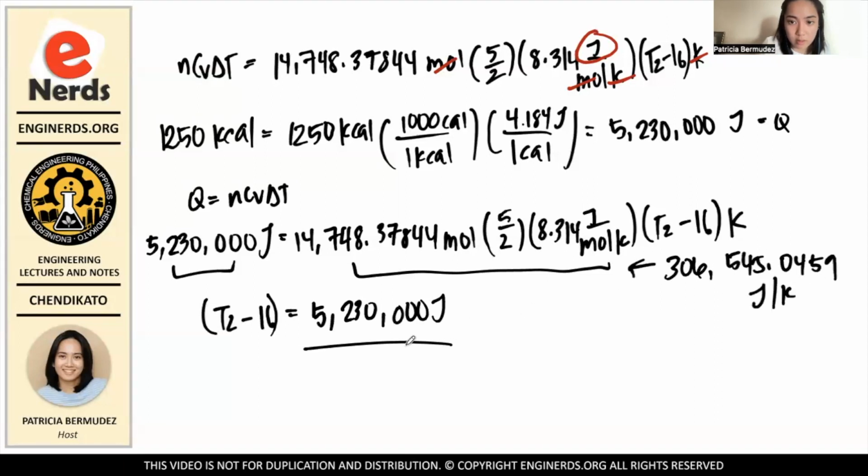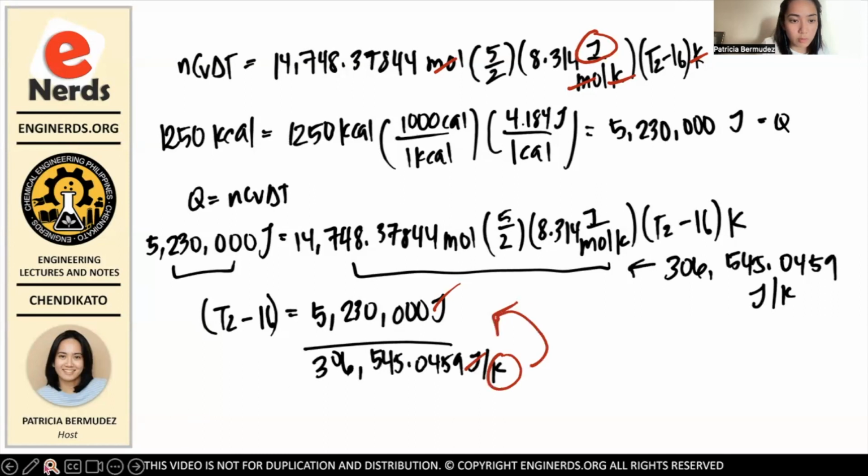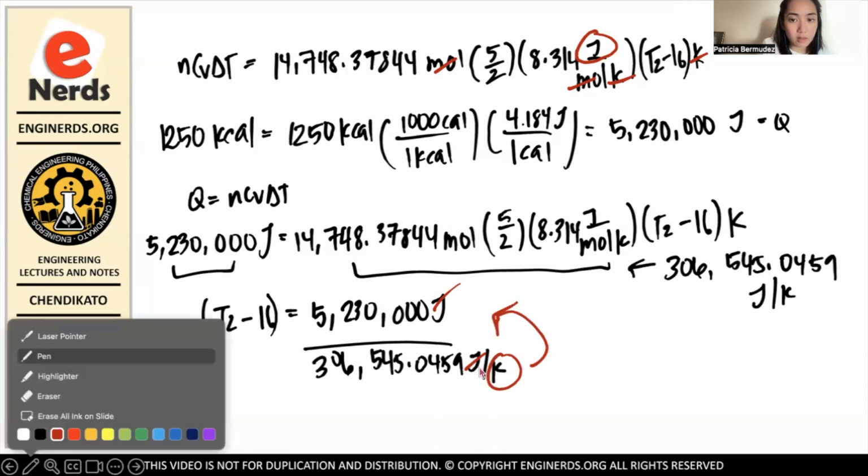So divide it by this. 306,545.0459 joules per Kelvin. So the joules cancel, and the Kelvin in the denominator goes into the numerator, because it is in the denominator of the denominator. So, there.